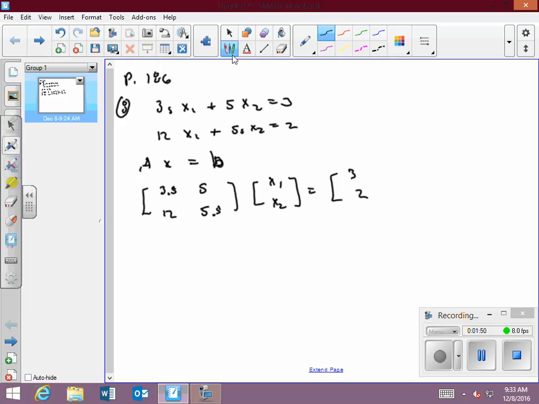Okay. And in order to do this, we're going to figure x1 and x2 like that, and solve it like Theorem 8.